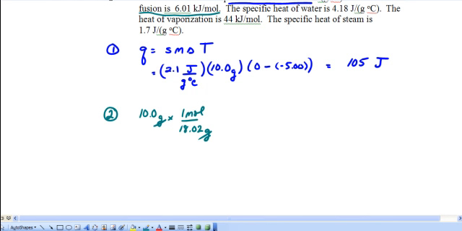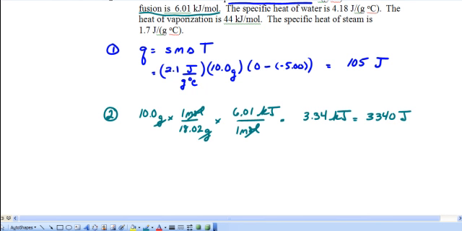So we change the mass of the H2O into moles, and we'll know how many moles we have. And now we can change that into kilojoules because 1 mole of H2O requires 6.01 kilojoules to melt. And so we take 10 divided by 18.02 times 6.01, and we have 3.34 kilojoules, which is the same as 3,340 joules.